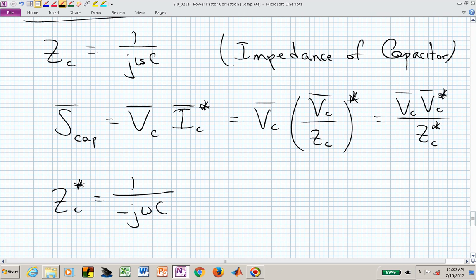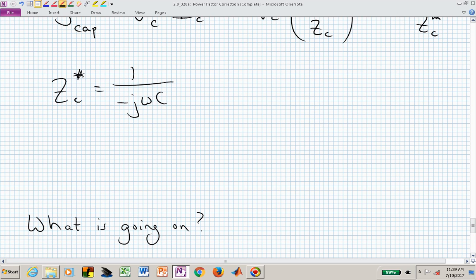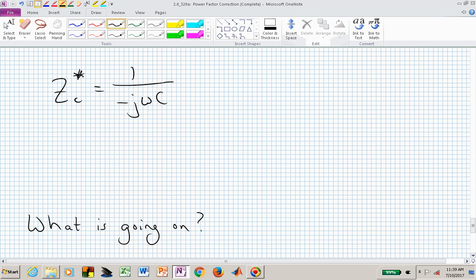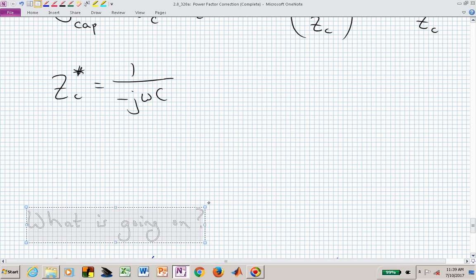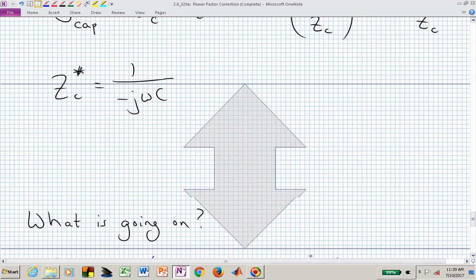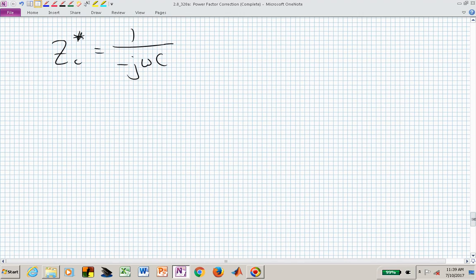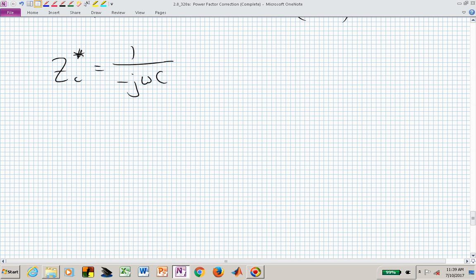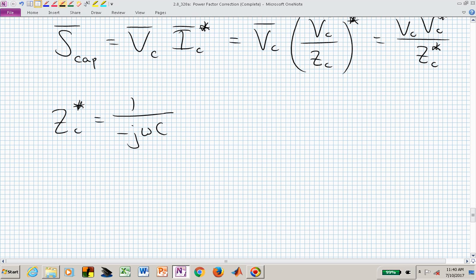I'm going to put it downstairs, so that now we have V sub C squared over 1 over minus j omega c.